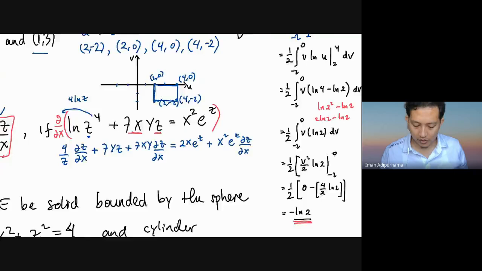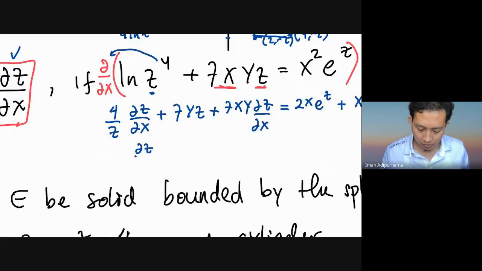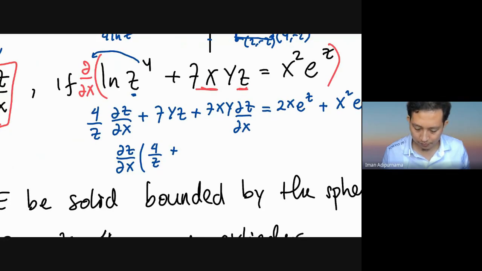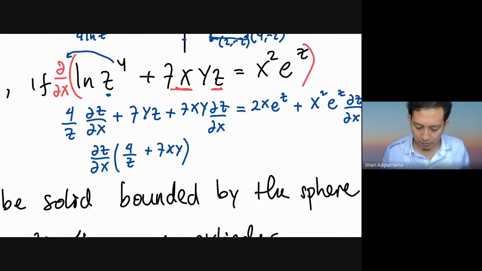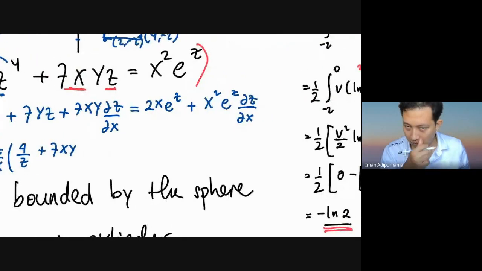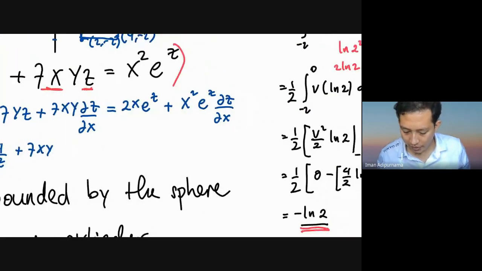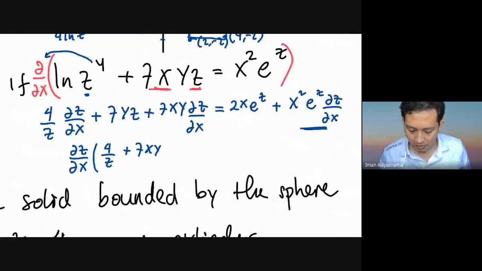And then simplify, and then combine all. This is x, y, and then let me combine with the other here, the x squared.